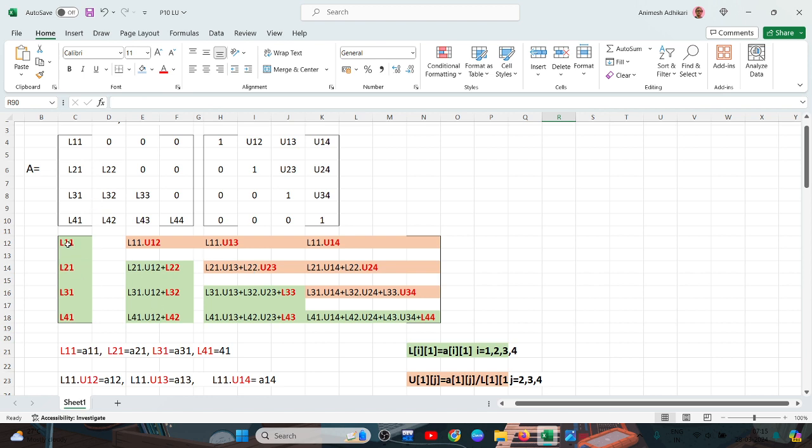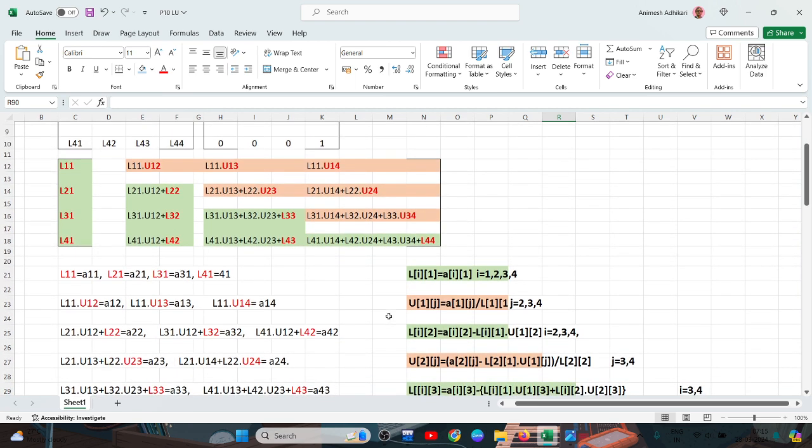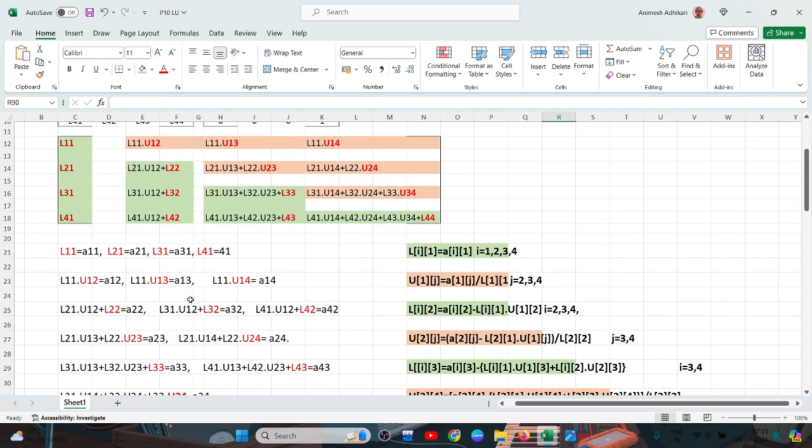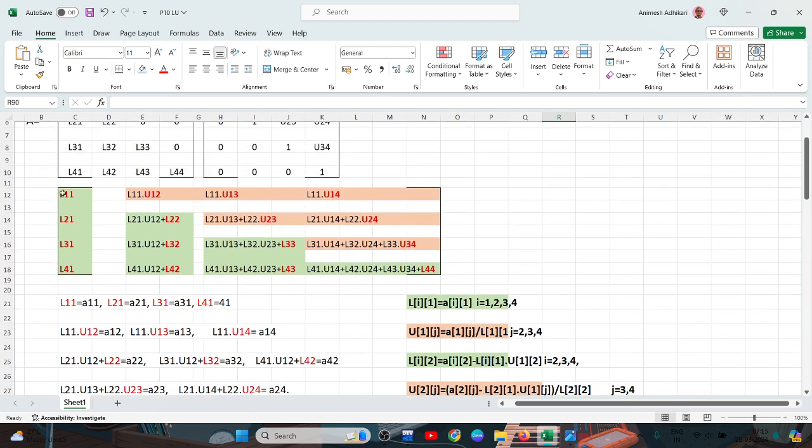The elements are A11, A12, A13, A14, A21, A22, A23, A24, A31, A32, A33, A34, A41, A42, A43, A44. Comparing corresponding elements, we have to determine the red letters. From the first column, L11 equal to A11, L21 equal to A21, L31 equal to A31, L41 equal to A41.